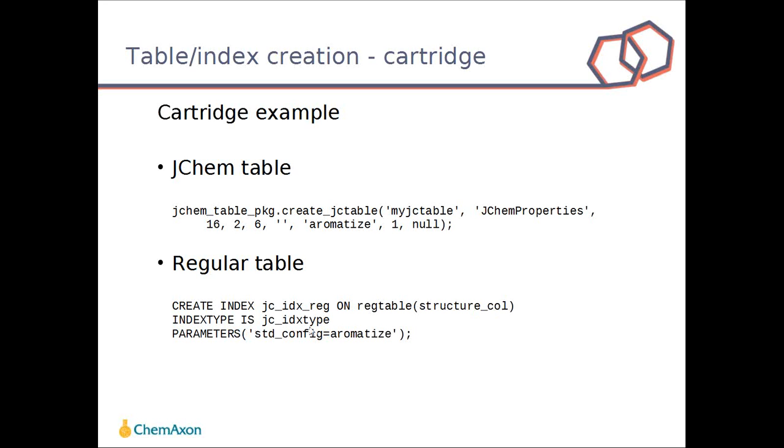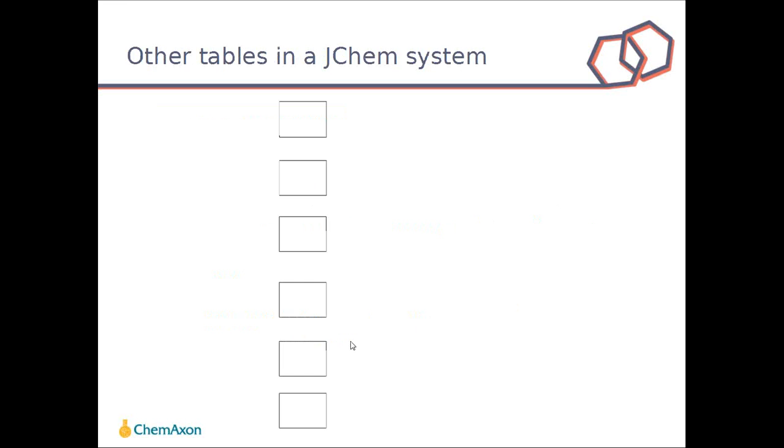Here you define the index type, and additional parameters can contain options that regulate the way JChem calculates additional fields. Here the standardization is specified. You can specify here further calculated columns. If we have time, I will talk about calculated columns as well.